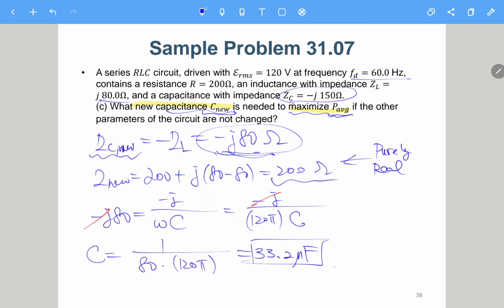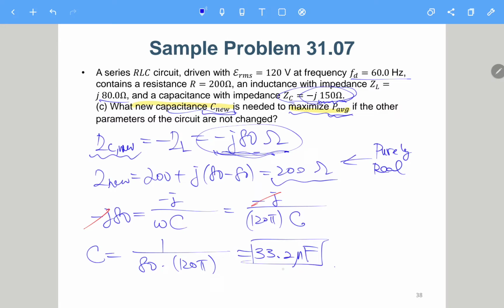Which means that the impedance is reduced from negative J150 to negative J80, which means that the C needs to increase.